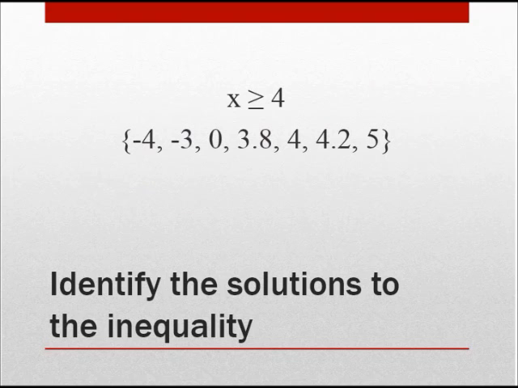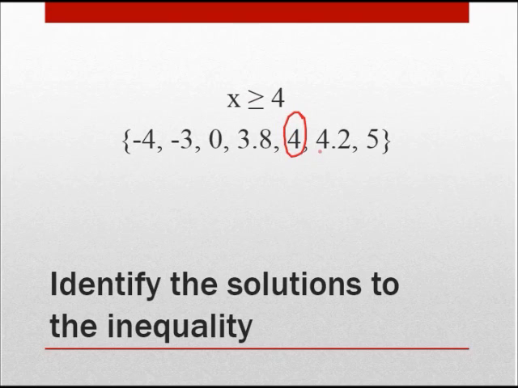Now in this problem we have x is greater than or equal to 4. So in this case, is 4 greater than or equal to 4? Yes, it is, because the equal to part makes it a true statement. So we have to find numbers in the replacement set that are greater than or equal to 4.